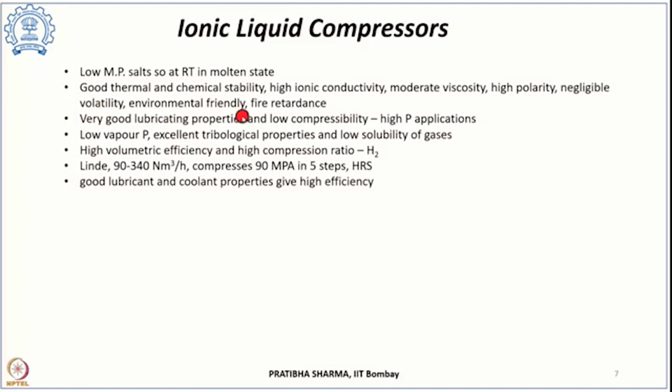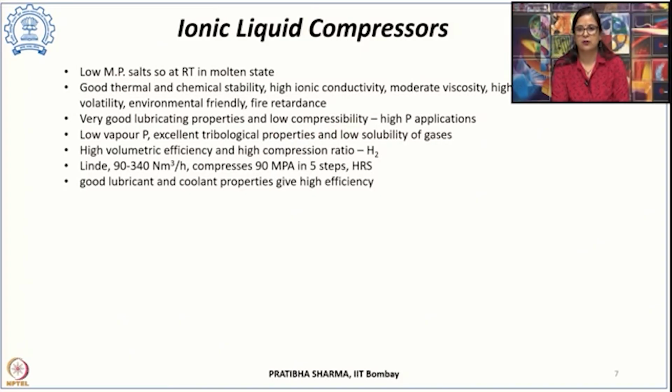They are very environmental friendly, they are fire retardant, and they have a very good characteristic which is good lubricating properties, and that could reduce the associated losses, friction, wear, and the leakages as well. They also have very low compressibilities. As such they are very ideal towards hydrogen compression, and using these ionic liquid compressors we can achieve high pressures.